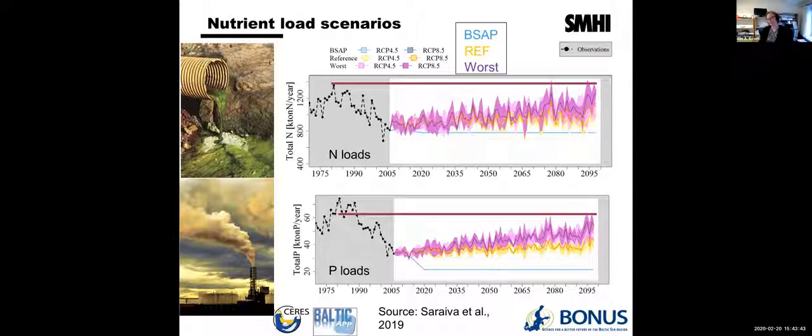And in the worst case scenario, there are also more people. So there's, and we are not working as we should in the Baltic Sea plan. Okay, thank you.